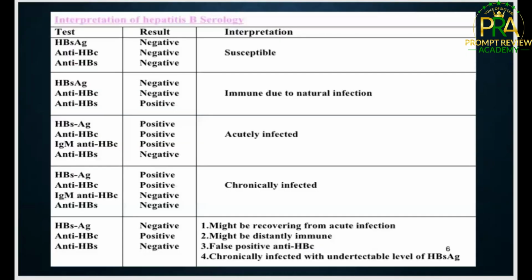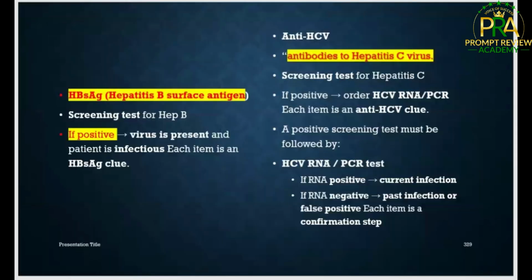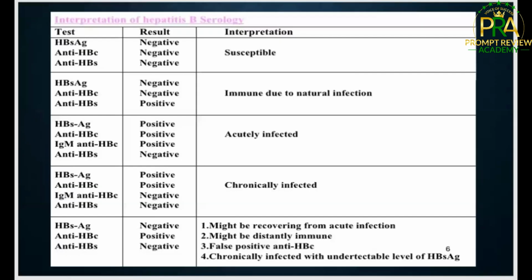Also remember anti HBc, which is antibodies to hepatitis B core. Then when they bring out all these things, they will ask you a question. For example, the first one, HBsAg, the hepatitis B surface antigen, shows that somebody is actively infected.